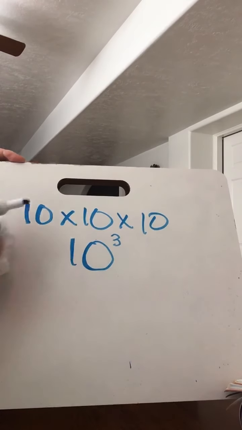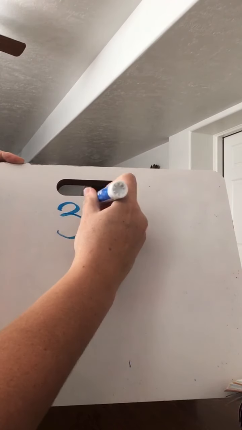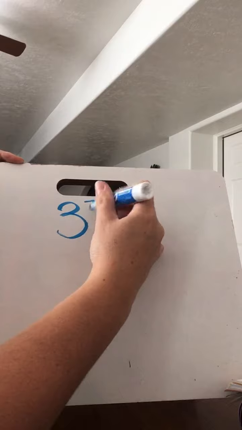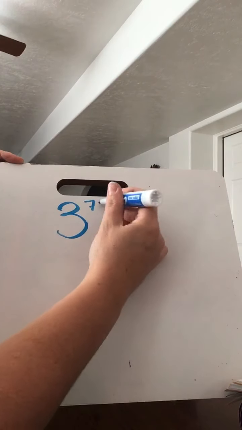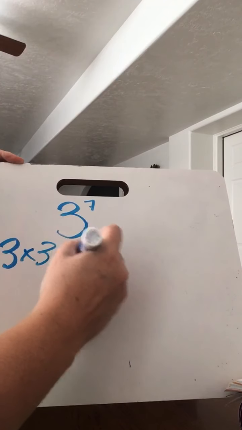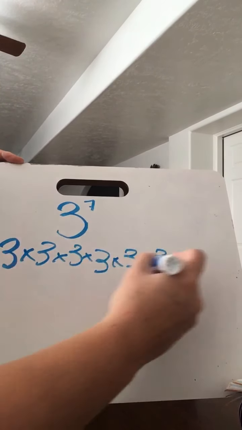Easy, right? Now, on number 3, though, here's number 3. It says, write each power as a product of the same factor. What they mean is they want you to write this out 7 times, okay? So 3 times 3 times 3, 4, 5, 6, wait, 1, 2, 3, 4, 5, 6, 7.